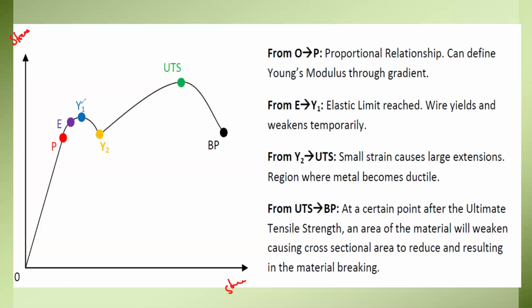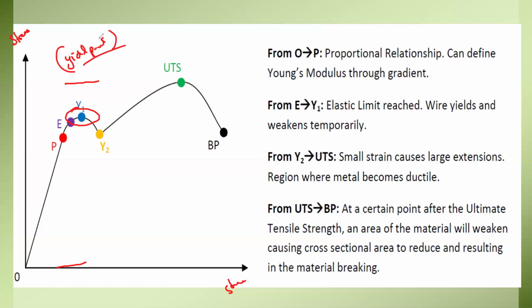Then we have another region, where our graph is almost parallel to the strain axis. We call that the yield point region.